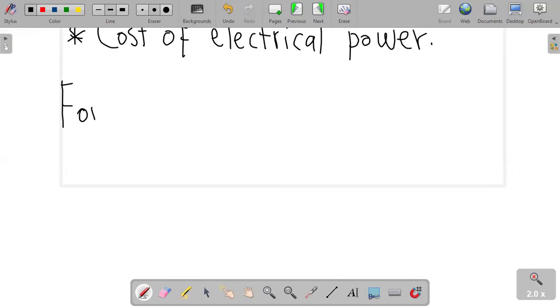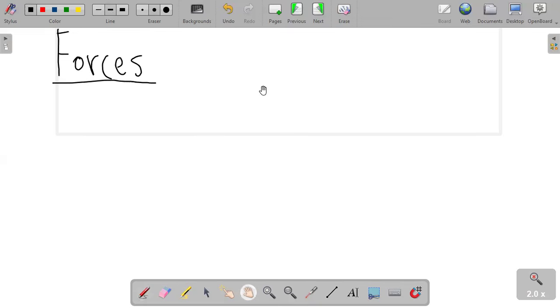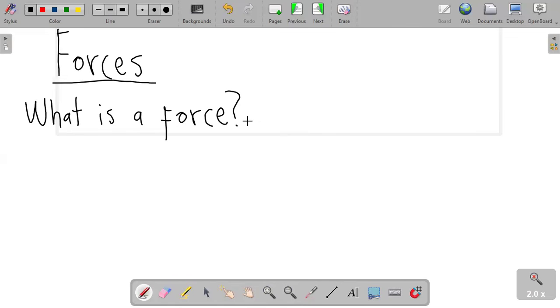So let's get into forces. We can start by defining a force. So what is a force? So we start with the definition, so we know what we're talking about.